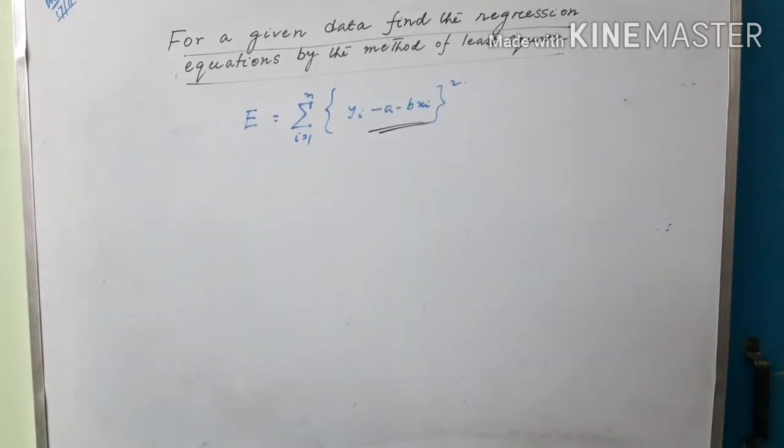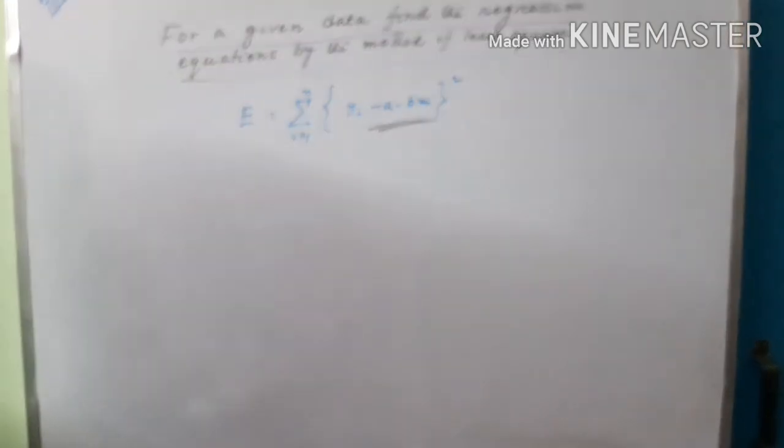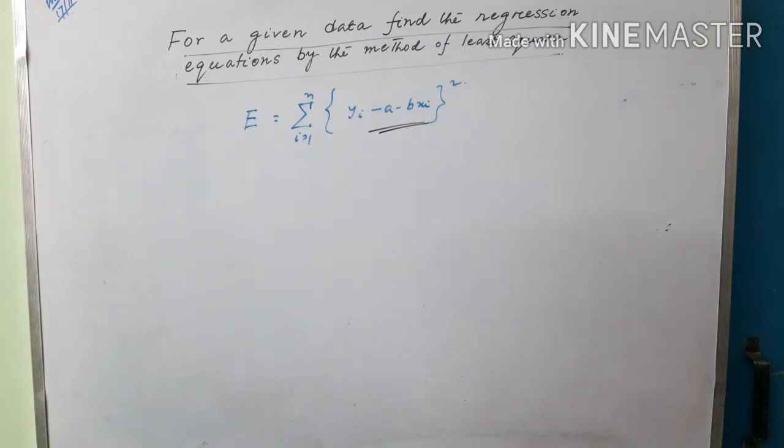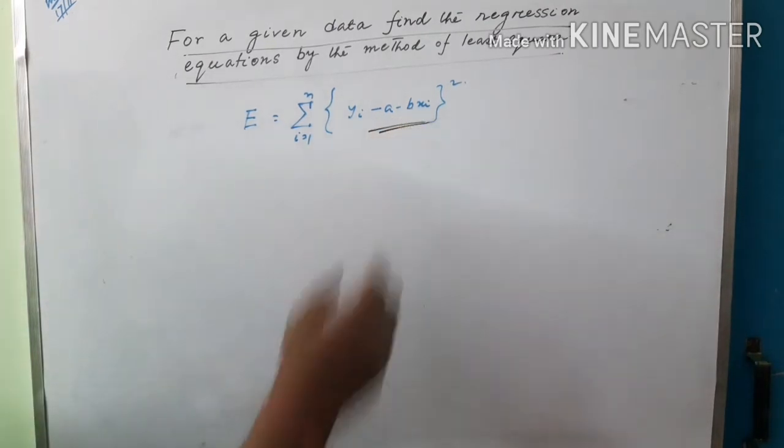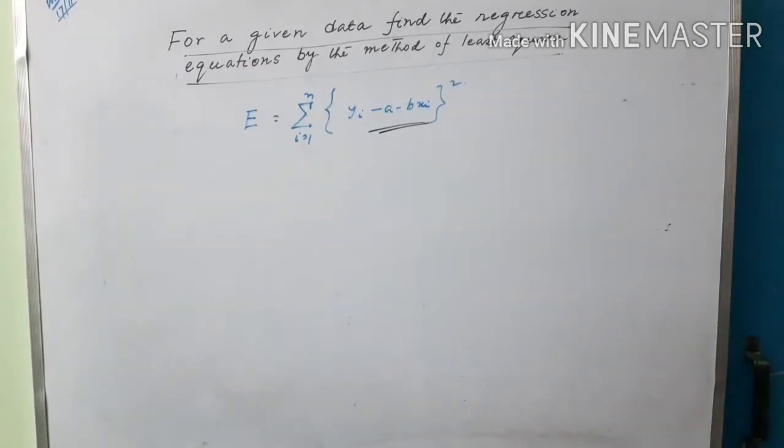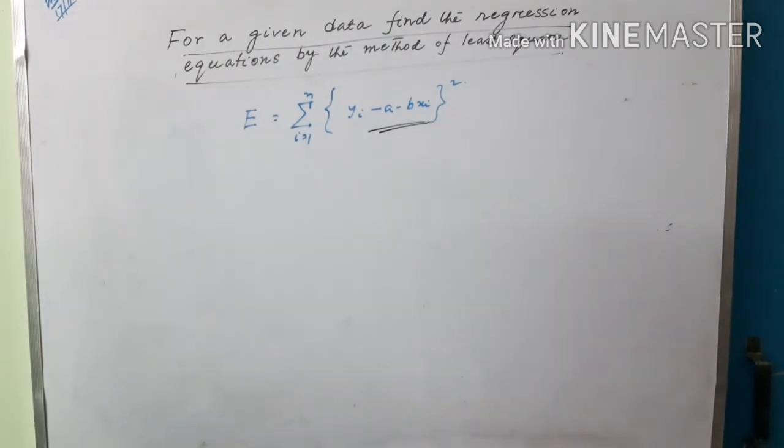Now we have already seen E equals sigma i equals 1 to n of (yi minus a minus bxi) whole squared. Now we shall differentiate E with respect to a and with respect to b. When we differentiate with respect to a and with respect to b, it means that a and b are variables.